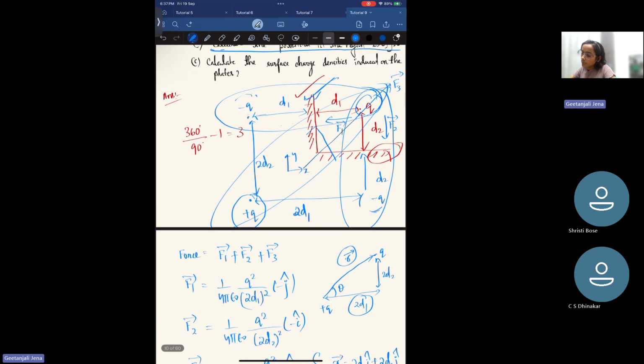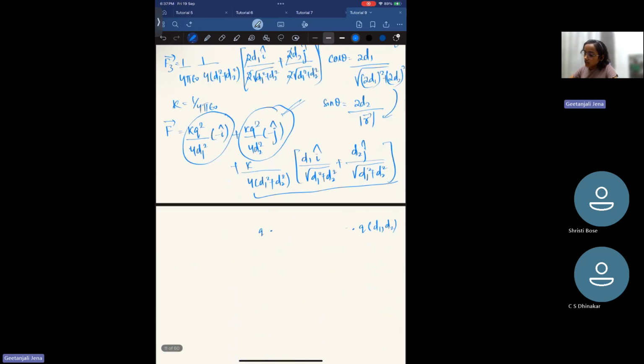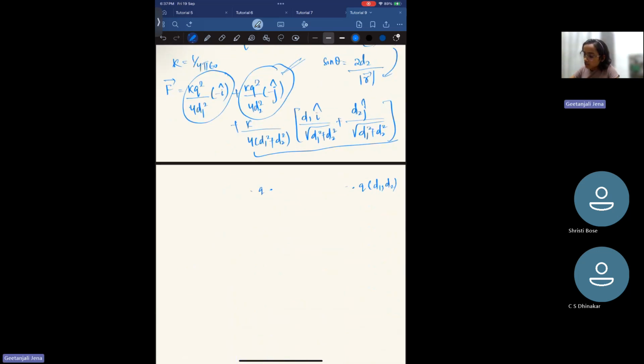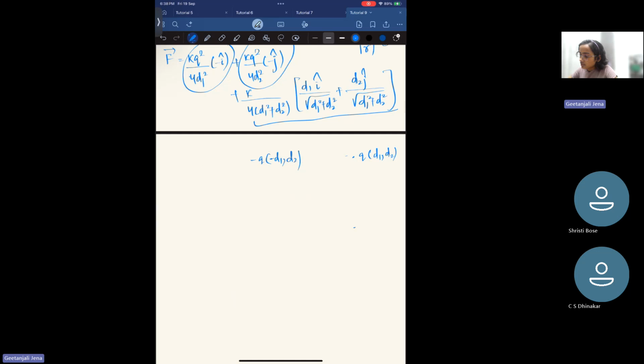Yes, D1, D2. Other charge minus Q is at minus D1, D2. One charge is there, minus Q at, sorry, this should be D1 and minus D2, and plus Q charge is at minus D1, minus D2.